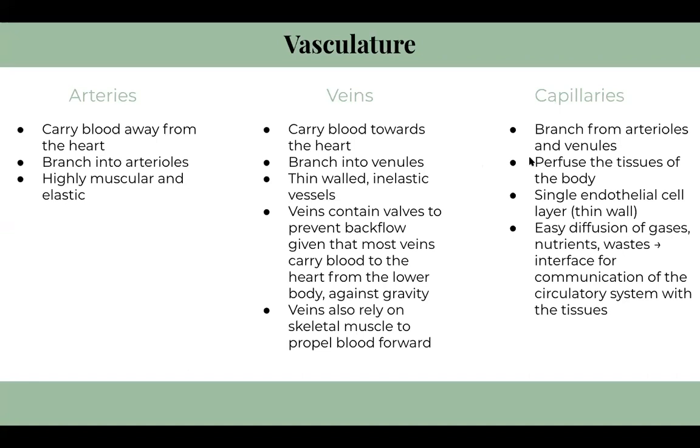So they need to pump out with enough force to get the blood to significantly far distances away from the heart. And arteries mostly carry oxygenated blood because they're taking it to other parts of the body, except one exception is the pulmonary artery, because this is going to carry deoxygenated blood to the lungs, and then the lungs will oxygenate it.